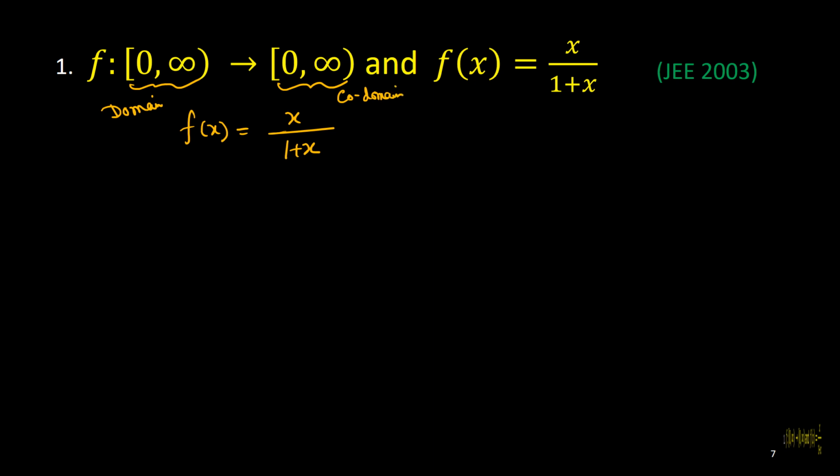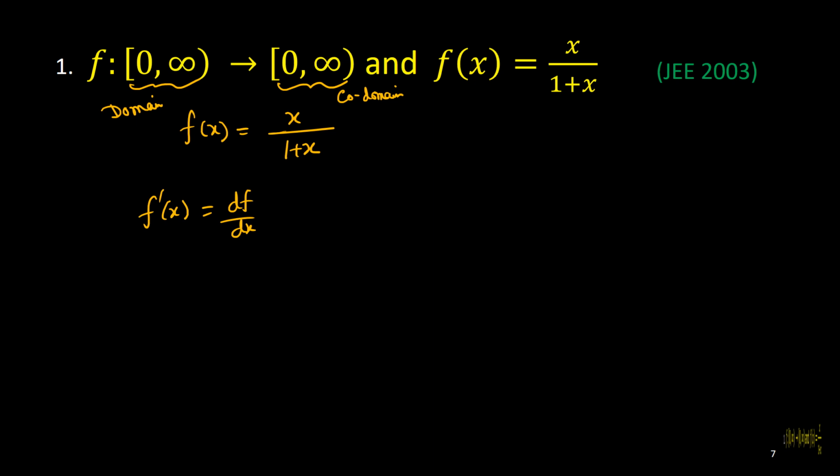Okay, so first we'll try to understand whether the function is increasing or decreasing within the domain. To check whether a function is increasing or decreasing, the first step is to find the derivative of this function f of x. So f prime x means the derivative of f with respect to x. This you will find out.